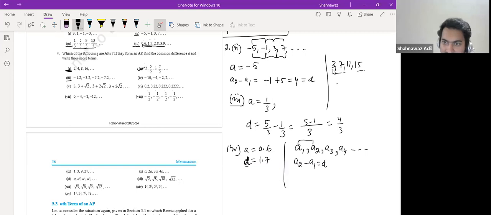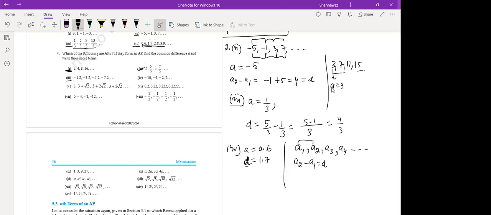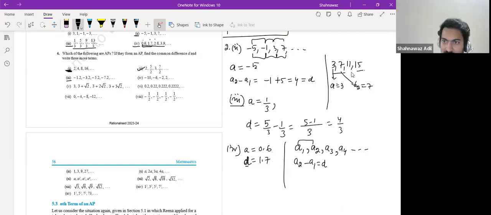So this is the first term, right, Talha? This is the second term, 7. And this is the third term, right, Talha? Yes. So what would be the difference of the subsequent terms? One would be A2 minus A1.